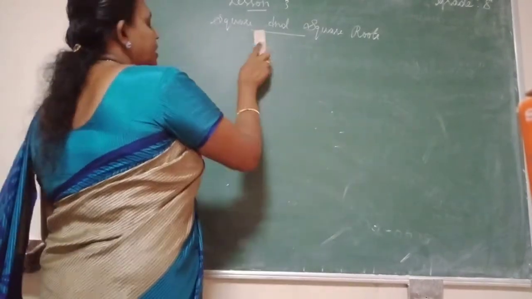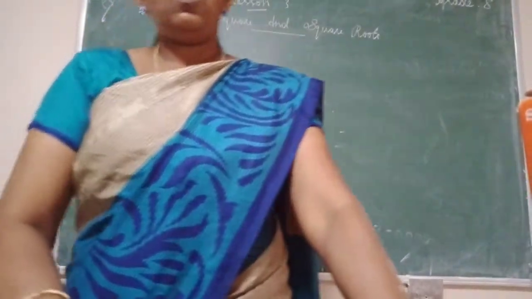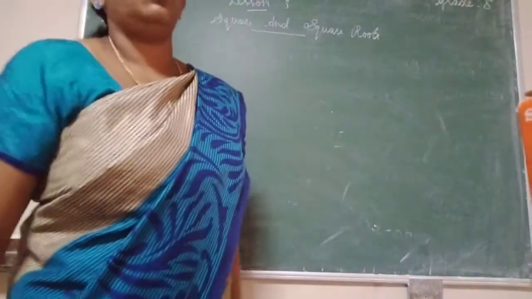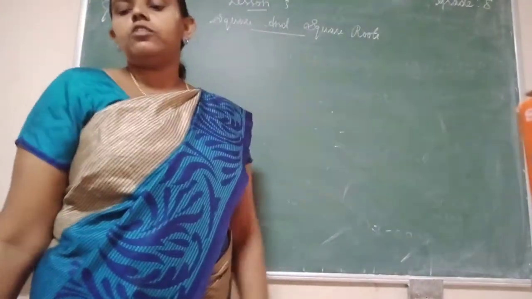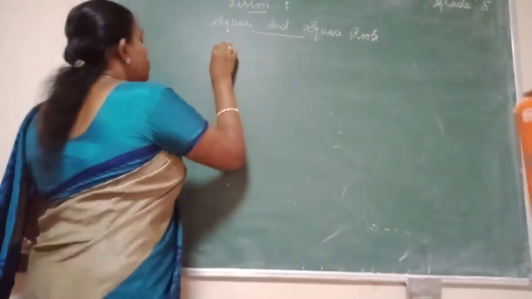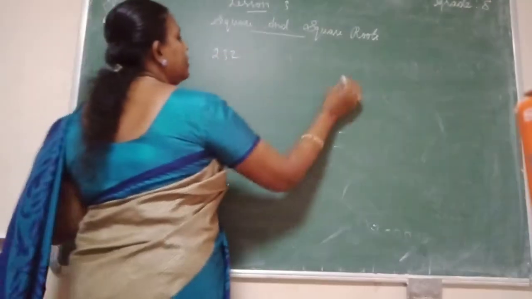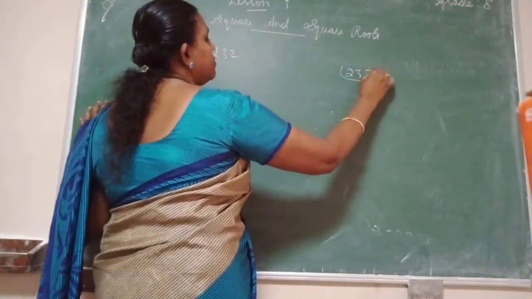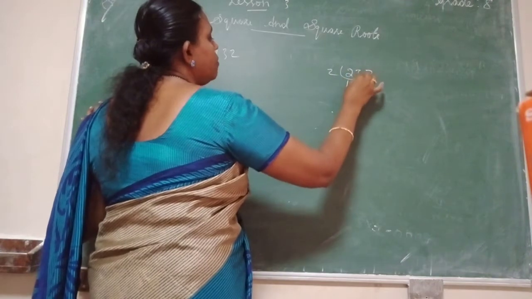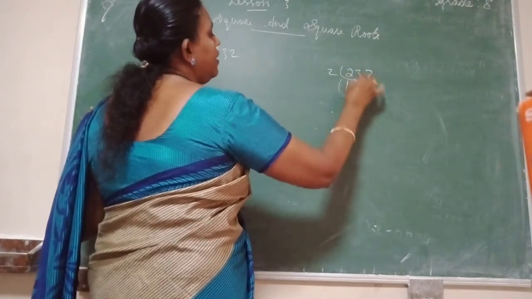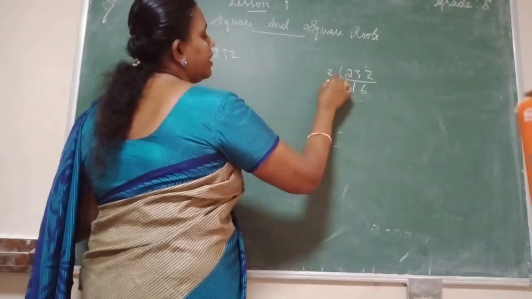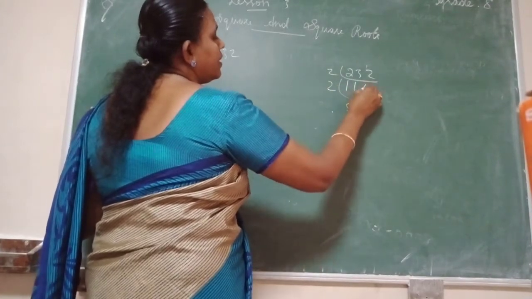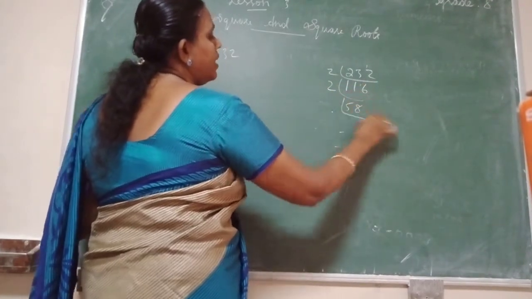Shall we learn with another number? So 232. We are going to check whether 232 is a perfect square. Again we are going to follow the same method. 2: 1 two is 2, 1 two is 2, 6 twos are 12, 1 is left. Again, second table: 5 twos are 10, 1 is left, 8 twos are 16.